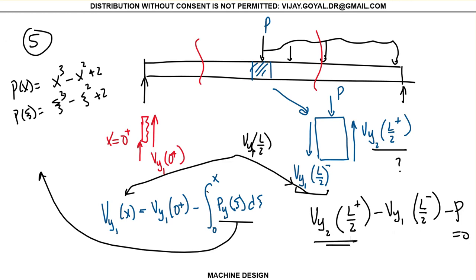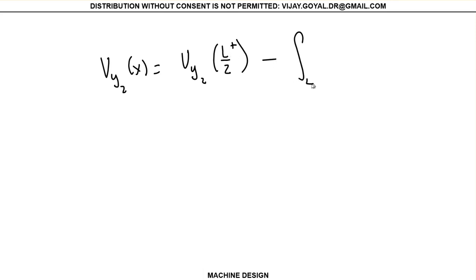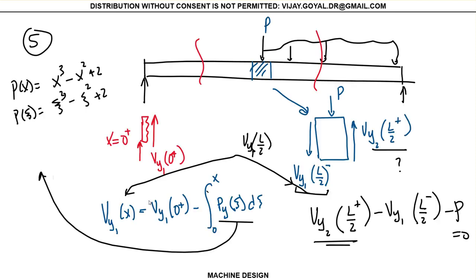Once you solve for that, then you're going to find V of x is equal to V2 at L over 2 plus minus, again, the integral from L over 2 to x of py(x) dx. So what you have basically done is this value now already includes this.